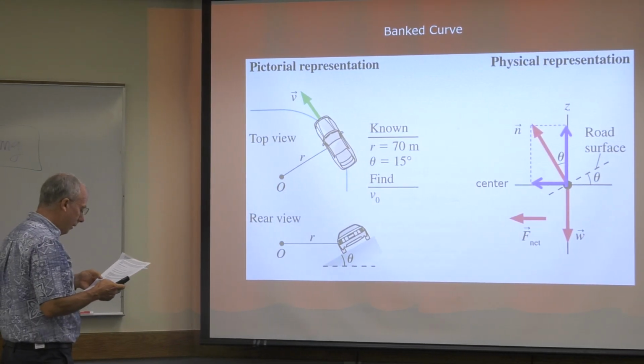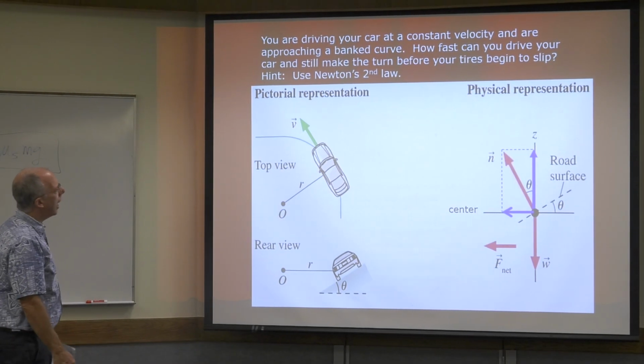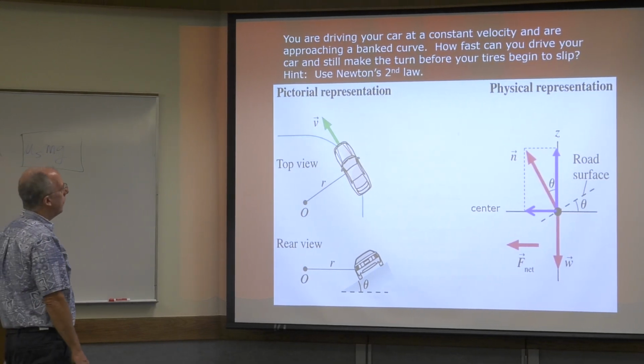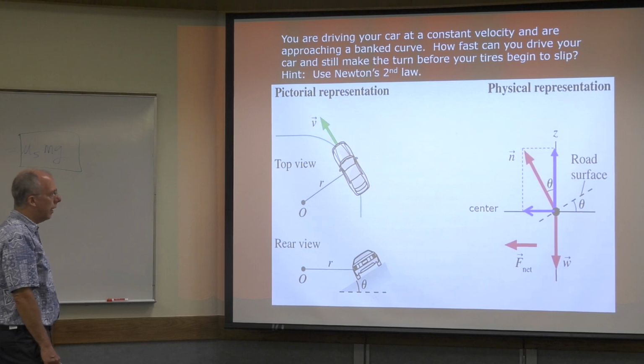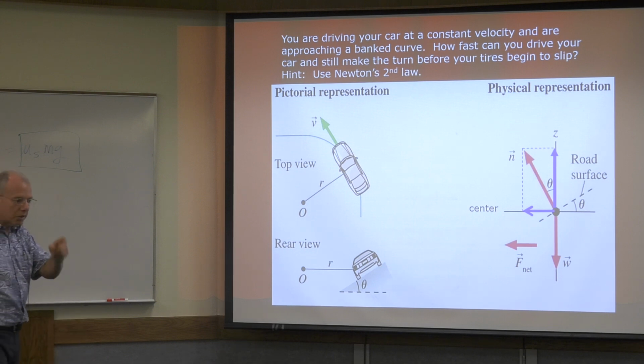All right. So you're driving a car at a constant velocity. You're approaching a banked curve. How fast can you drive your car and still make the turn before your tires begin to slip? Use Newton's second law. So I would like you to do this yourself. Pause your video, basically follow what I did here, but it's a little bit different.